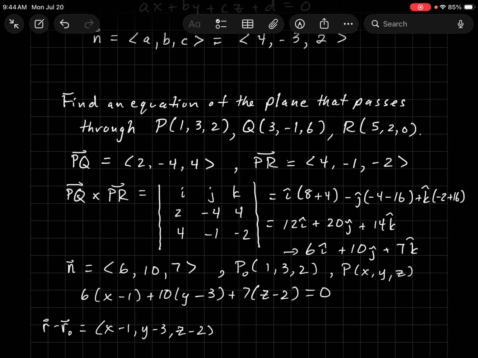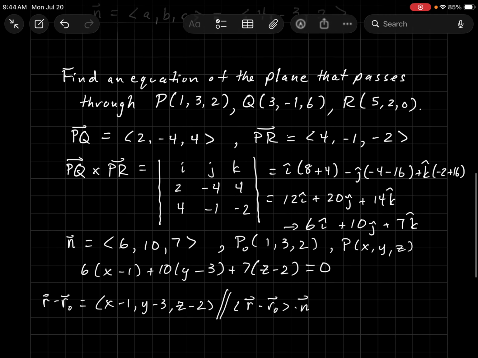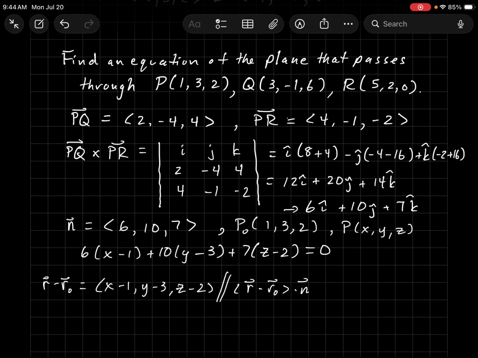And then we want to dot product that with our vector n. And notice how we get exactly what I wrote here.